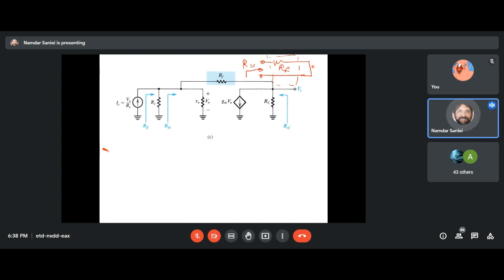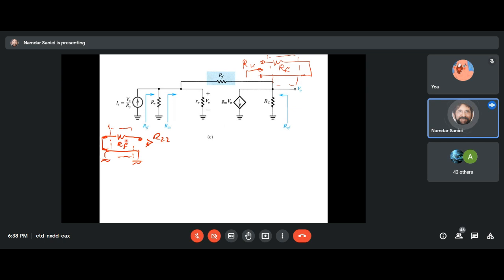This makes our feedback network, which if we short one side and look into the other side, R11 is going to be RF. If we do the same thing from the other side and look into the output side, then again we see RF. So both R11 and R22 are RF.